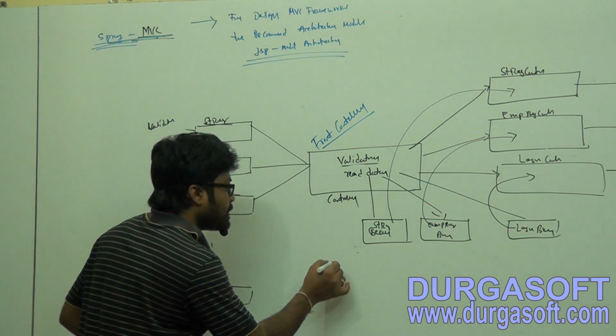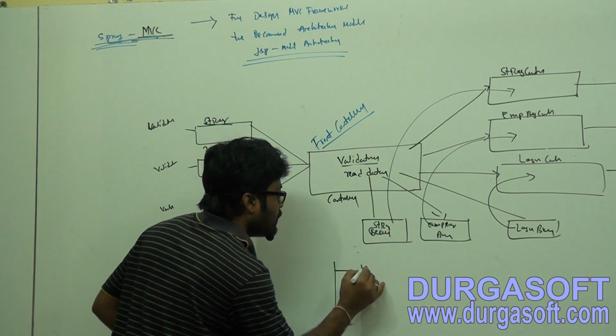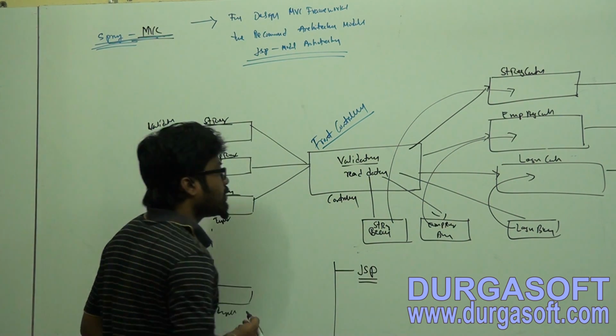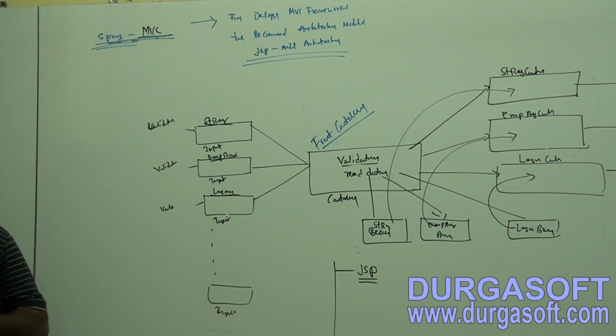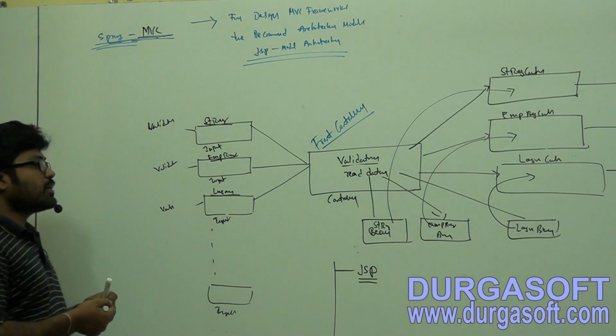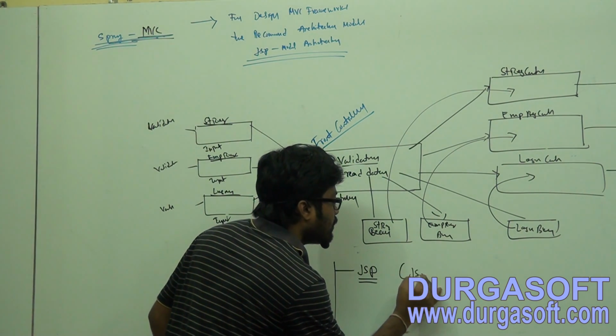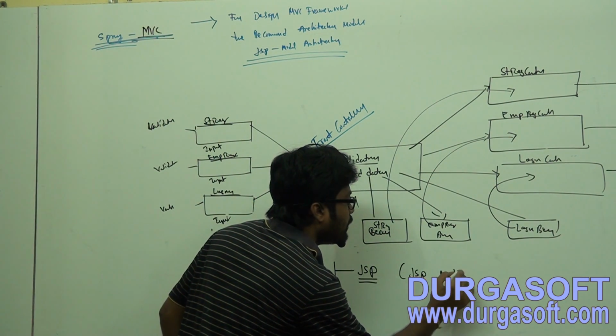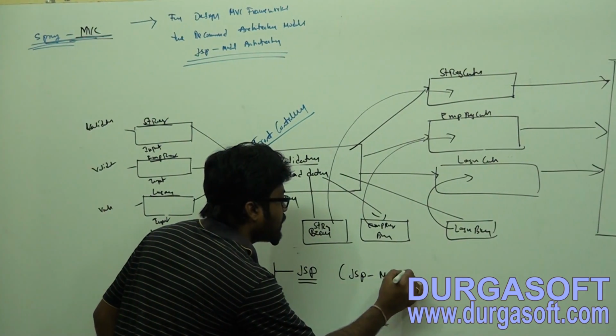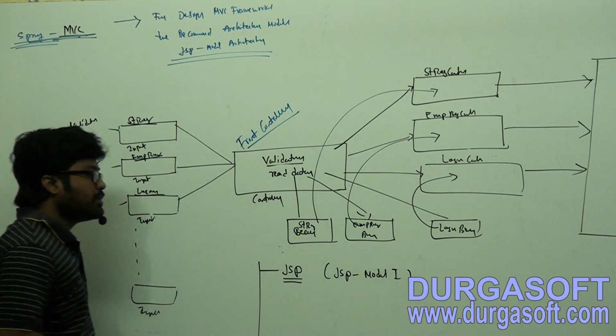So if your front controller is a JSP, then that architecture is called JSP model 1.